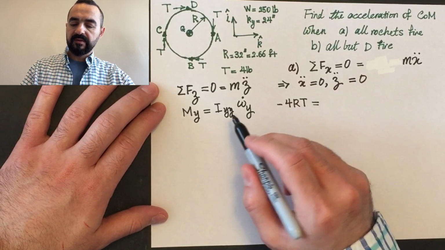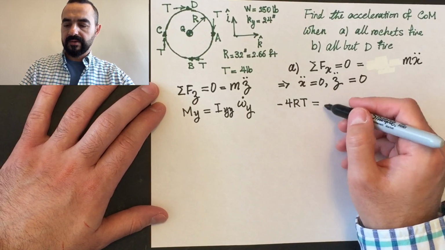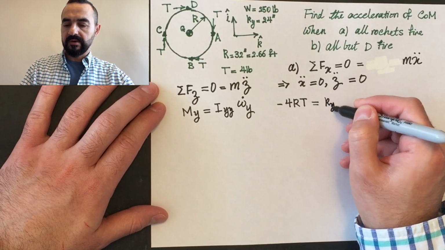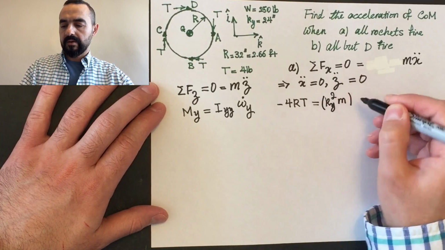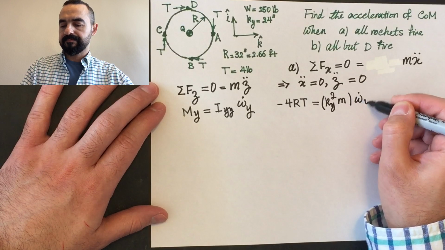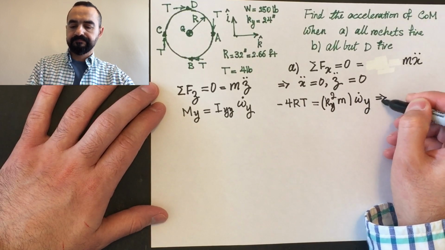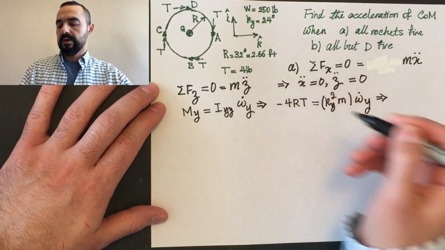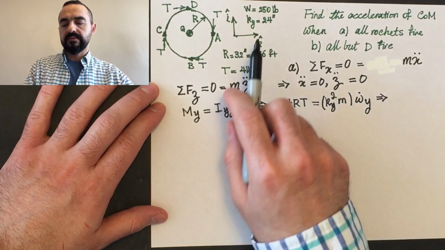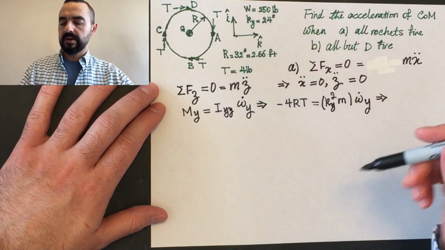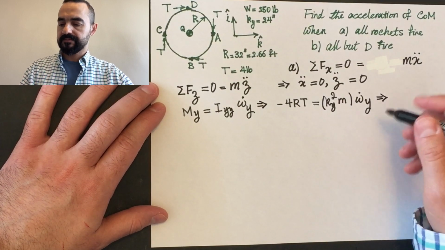So I'm going to replace this Iyy with ky squared m omega dot y. Now, where do we get mass? We have the weight of this object, so we simply can compute mass from that.